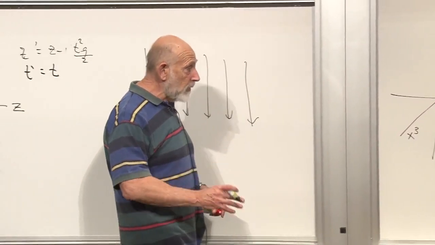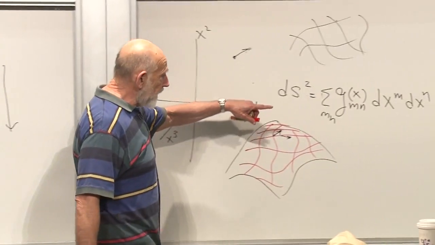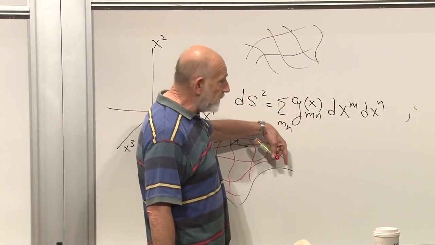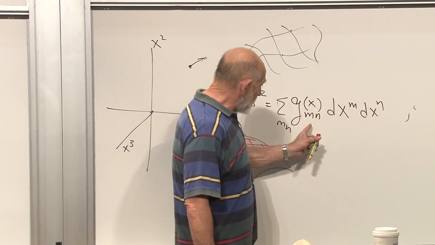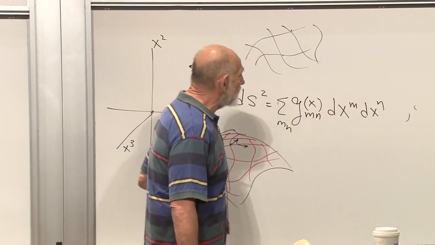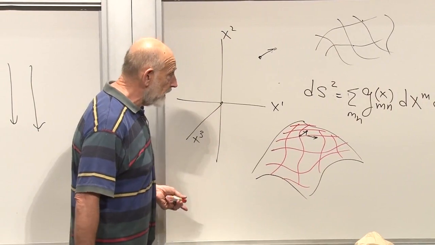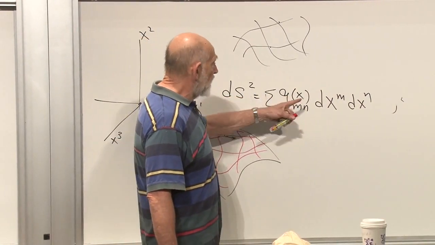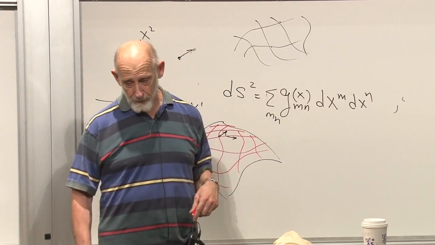A quadratic form means that you have a matrix, g_mn, m and n could run from 1 to 3, for example, and you just combine together g_mn dx dx, just as I've written it here. You've seen these kind of things before. And in general, g will depend on position.